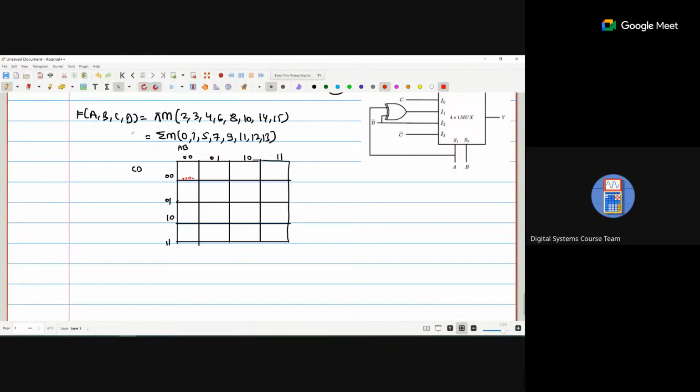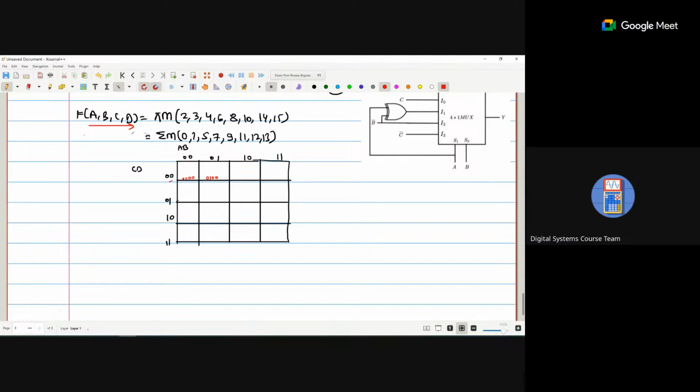After that, I write the particular binary value for every block. Remember this thing, because in the question the term is A, B, C, D, so A is the MSB and D is the LSB.